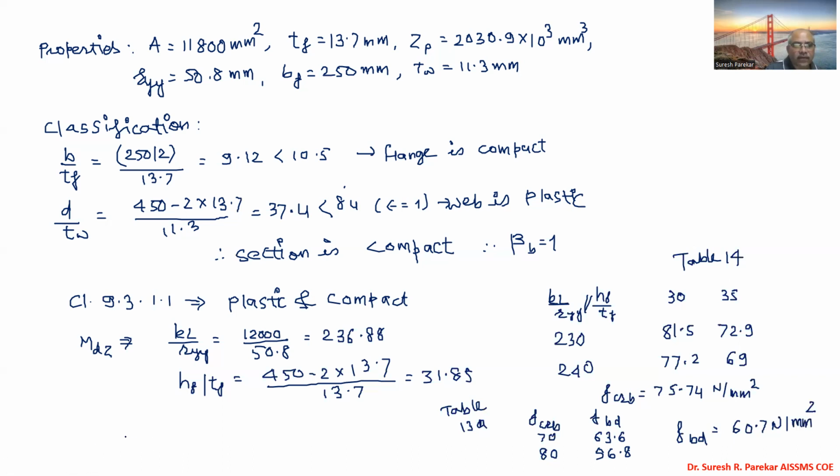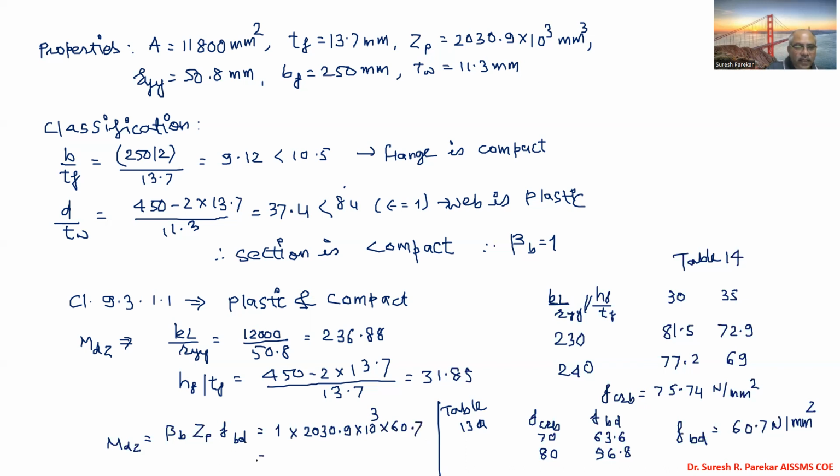Now from this I can find the value of MDZ. So we have MDZ equal to beta B ZP into FBD. Now we have beta B 1. Then we have ZP 2030.9 into 10 raised to 3. And we have FBD value 60.7.